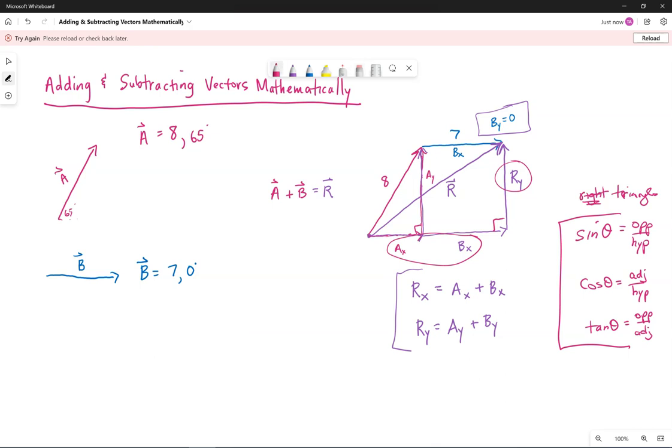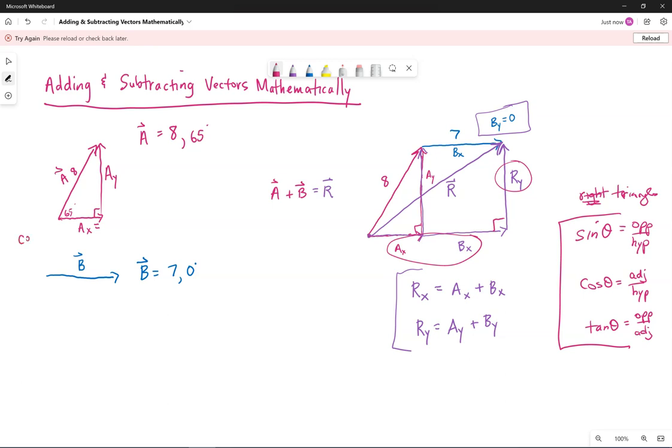Typically, I like to just come over to my original vector, just draw out vector A by itself. Make this little triangle. Anytime we're trying to write out our rectangular components, we can always draw a little triangle with our vector as the hypotenuse. So since this triangle has a length of 8 and is at an angle of 65, in this triangle, the x component is adjacent to that side.